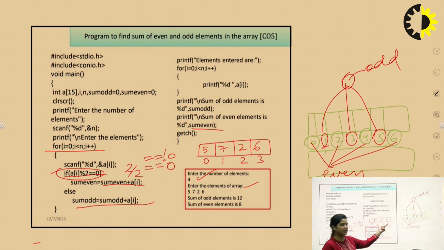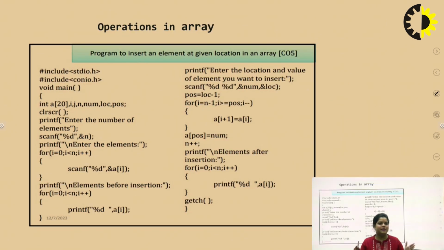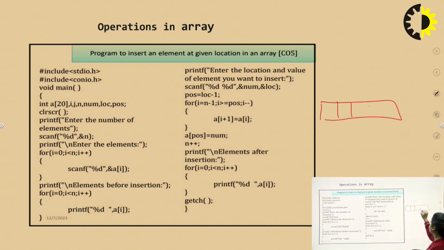Now suppose there is an array which is already created by you. Let's suppose this is an array: 2, 6, 7 and 8. Now you want to insert one element inside.